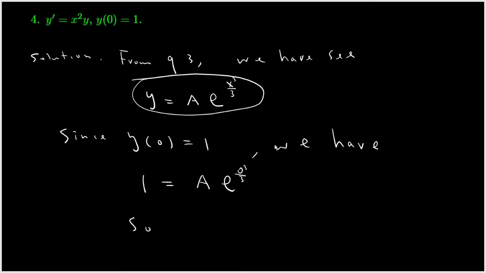So we have a value is 1, because e to the power of 0 is equal to 1.